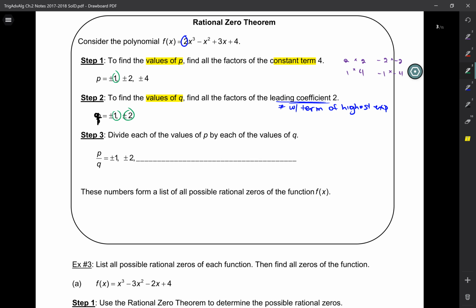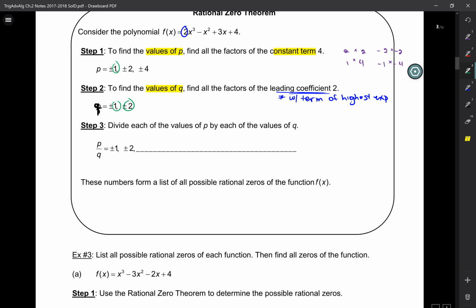P over Q, so it's going to be 1 over 1, 1 over 2. And then I take this one, 2, and I do 2 over 1, 2 over 2. Are these plus minus? Yeah, we're going to put the plus minus in a little bit.